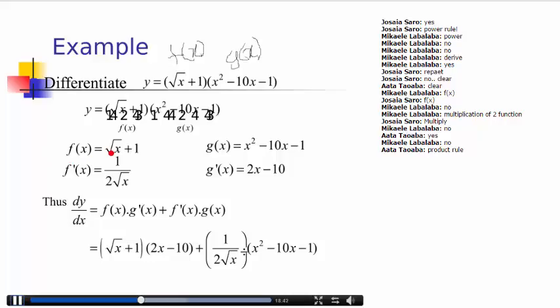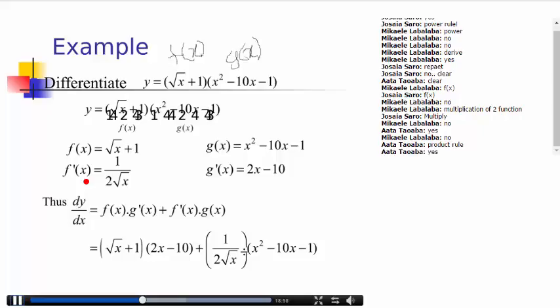So f(x) is equals to root of x plus 1. When you differentiate, f dash of x will be 1 over 2 root of x. Anyone having any problem with how we get 1 over 2 root of x here? Anyone? Okay. So, how do we get that 1 over 2 root of x?